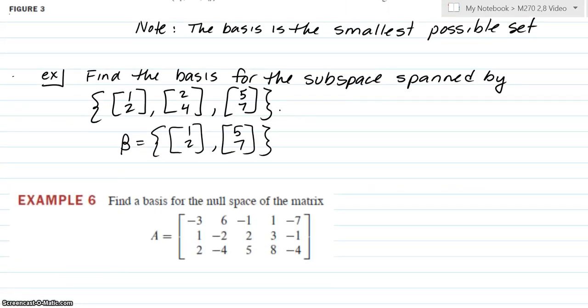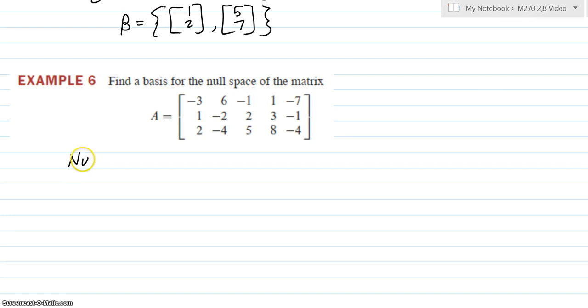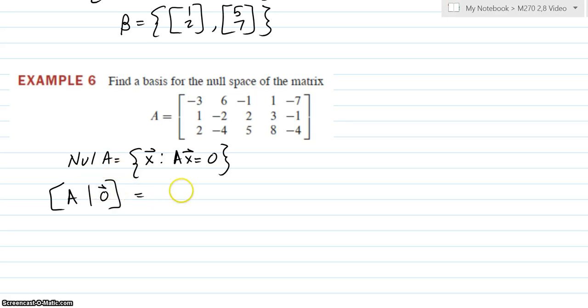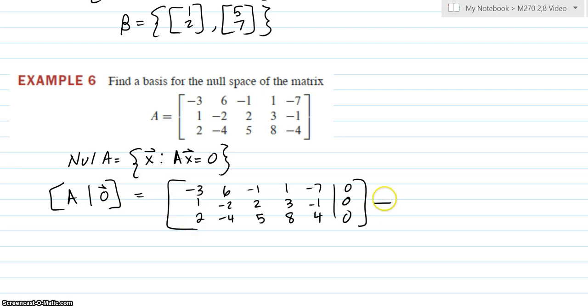Let's look at example 6. Let's find a basis for the null space of the following matrix. Again, the null space of A is the set of vectors x such that Ax equals 0. So I'm just going to look at the augmented matrix [A 0] and row reduce this.